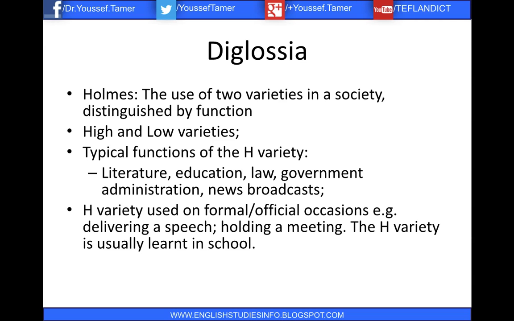The typical functions of the high variety are: it is used in literature, education, law, government, administration, news broadcasts.